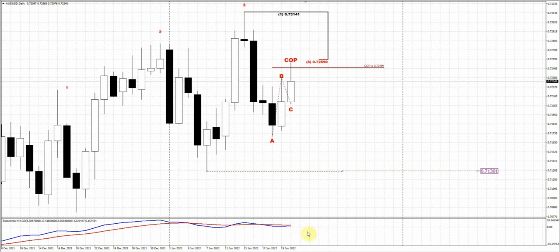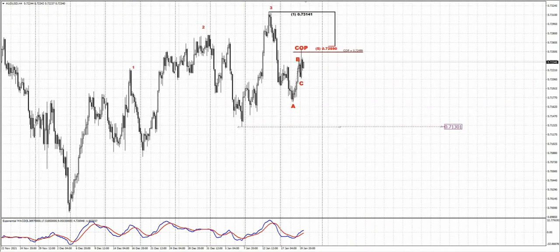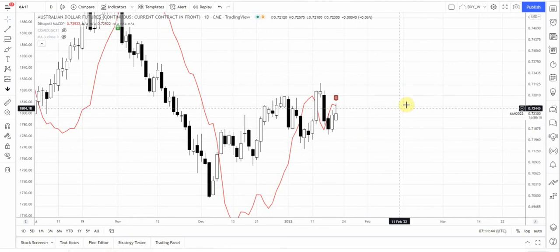But if you turn to the futures chart on the Chicago Mercantile Exchange, you will see that the Australian dollar futures show a clear potential bearish grabber that could appear today.